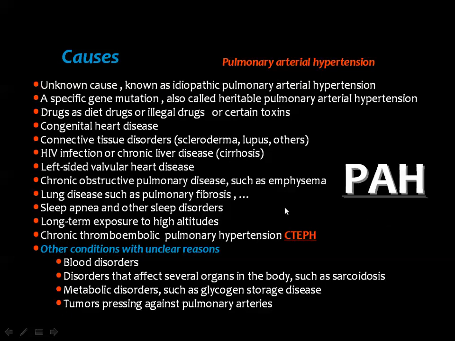There are a lot of causes for pulmonary arterial hypertension, including idiopathic causes and some drugs, congenital heart disease, connective tissue disorder, HIV infection, left-sided valvular heart disease, chronic obstructive pulmonary disease like emphysema and fibrosis, lung diseases such as pulmonary fibrosis, sleep apnea and other sleep disorders, long-term exposure to high altitude, chronic thromboembolic pulmonary hypertension, and also blood disorders, metabolic diseases, and tumors.